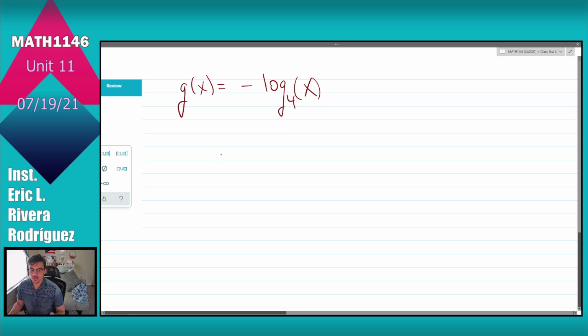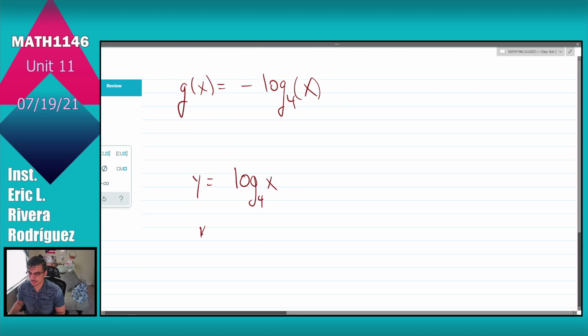And here you are going to go back to the first test, where we introduced the parent function and the transformations. The first thing that you are going to do here is to identify the parent function. Let me use just y, not f of x. The parent function here is log base 4 of x. That's it.